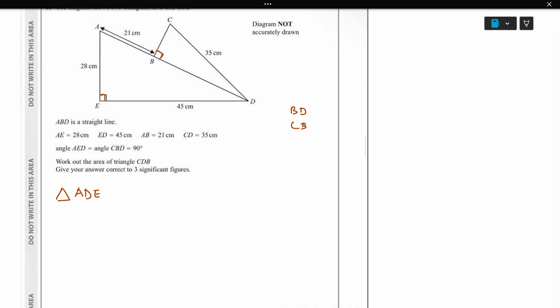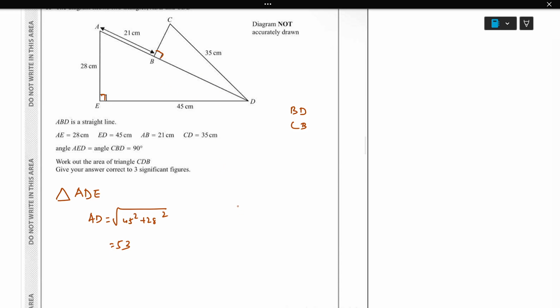Using Pythagoras, AD equals the square root of 45 squared plus 28 squared. So the answer is 53. So the entire length is 53.